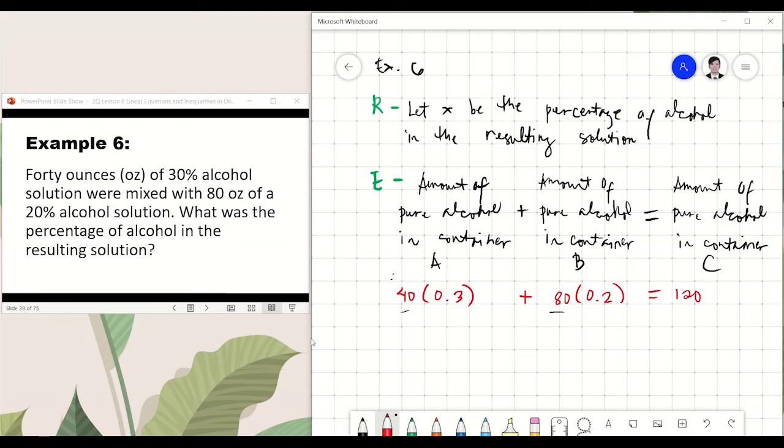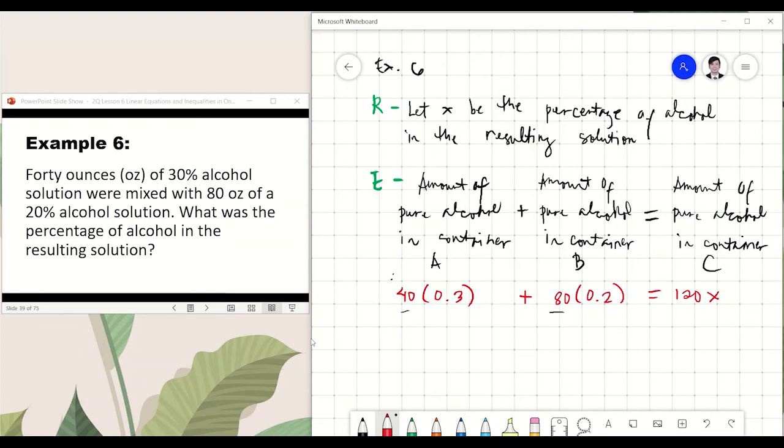So after nating hinalo yung dalawang solution natin, coming from the two containers, meron na tayong 120 ounces. Okay. Ano naman yung nangyari sa percentage ng alcohol natin? Yan yung hinahanap natin, kung ano yung nangyari sa amount of alcohol na nasa solution after natin ihalo yung dalawa.